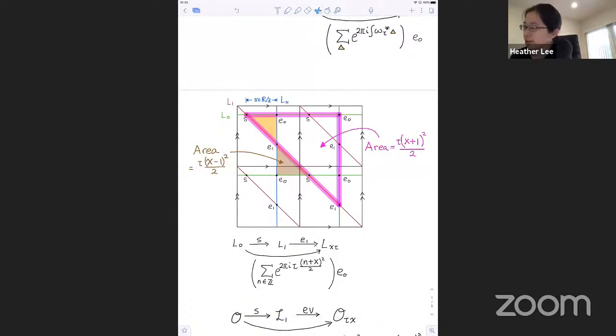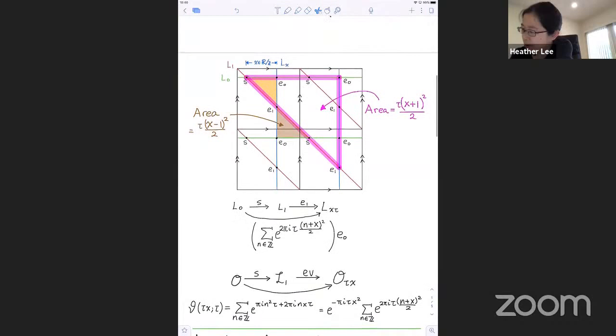Up to scaling, this is the Riemann theta function. If you look at the Riemann theta function up to this factor, it looks like this, which actually matches this factor here from the computation in the Fukaya category. So this justifies this identification between Lagrangians and line bundles and skyscraper sheaves.